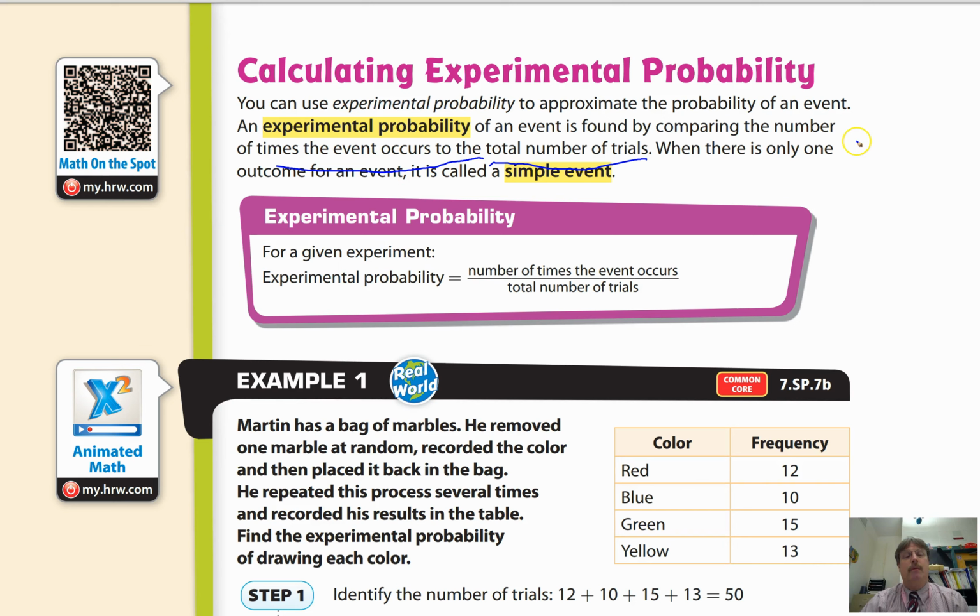When there's only one outcome for an event, that's called a simple event. So here's our formula: the number of times an event occurs over the total number of trials. And if you remember, that's going to be the probability, whatever value you come up with here. You'll never get greater than 1, or at least you shouldn't, because the number of times the event occurs cannot exceed the number of trials.